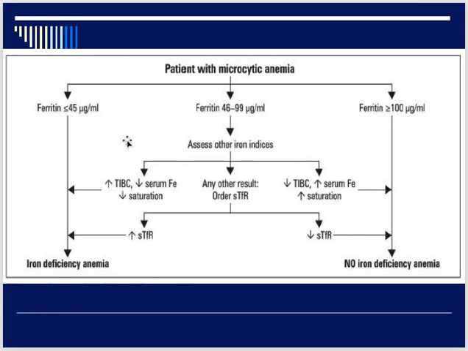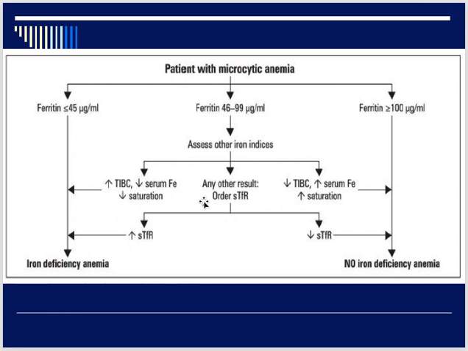So if someone is confused in making the diagnosis of iron deficiency anemia, we can check for soluble transferrin receptors. If they come back higher, it means the availability of iron is not good at the tissue level, so the body is making more and more receptors so that more iron can be taken up. It means the iron stores in the body are not good.